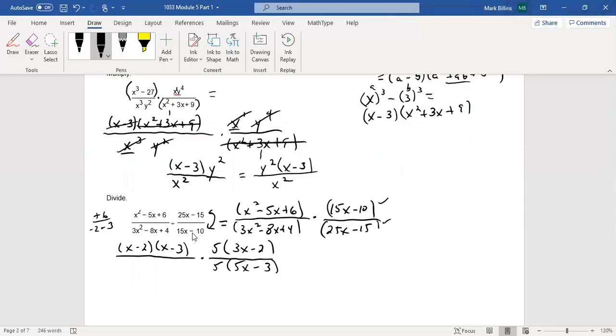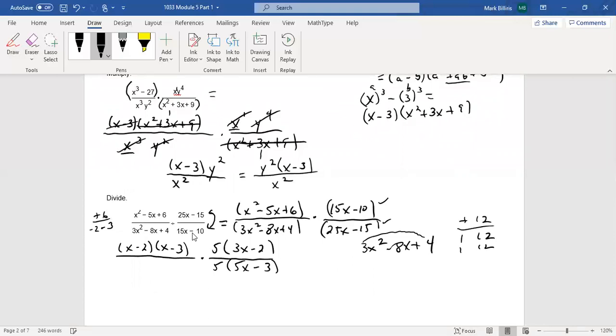Okay, so now I have to factor the 3x squared minus 8x plus 4. So the first step in all factoring is to remove the greatest common factor. Nothing divides into all 3, so now I use the AC method. So I'm multiplying my 3 times my positive 4. That gives me a positive 12.